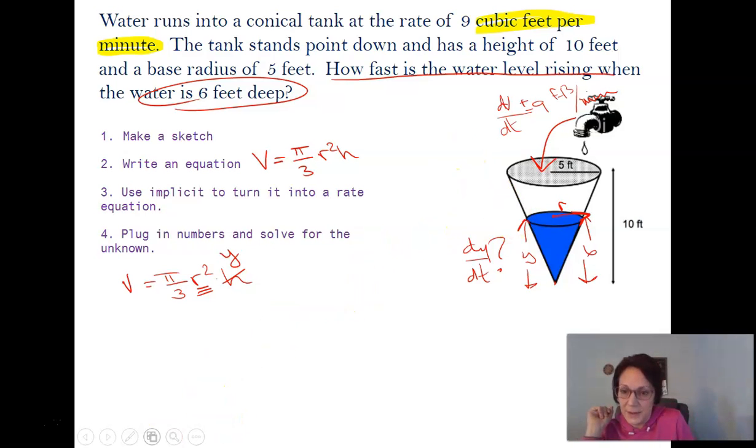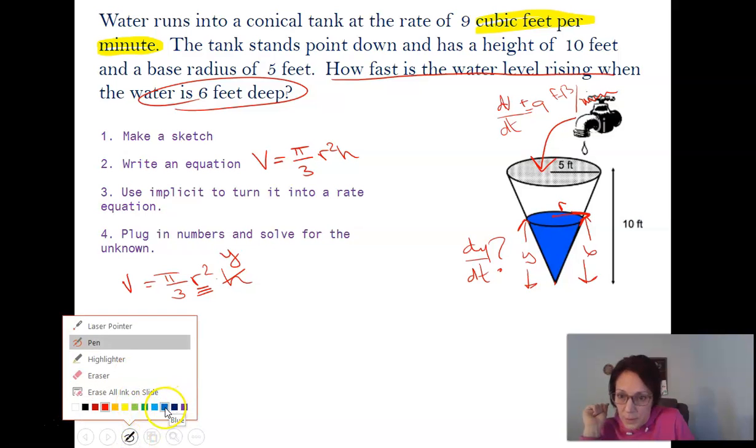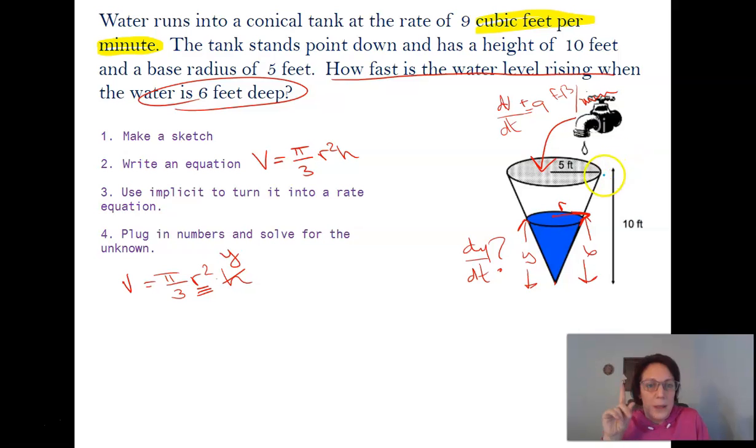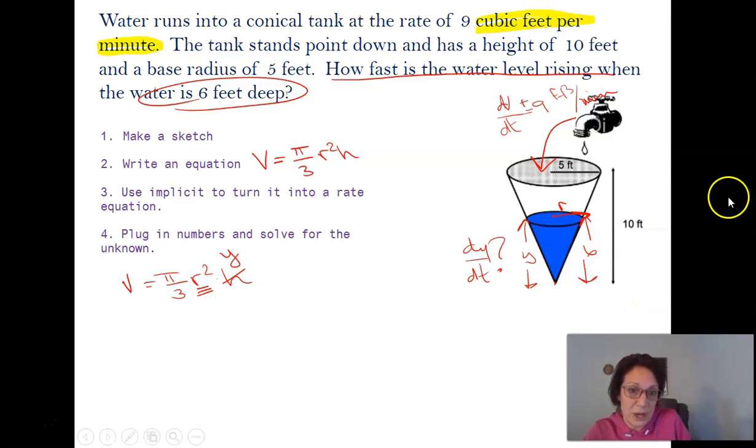I'm going to show you this. This is true of every conical tank problem. Okay. When we're picturing in 3D, sometimes it's difficult for us to picture cross sections, which are in 2D space, and sometimes we don't even think of it. But here's what you need to know. This cone of water, geometrically, is always, no matter what the water level is, going to be similar geometrically to the big cone of water.